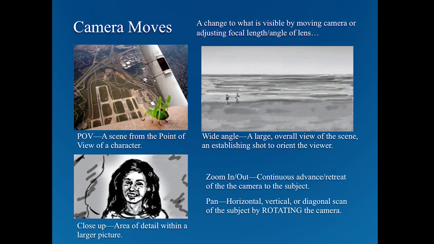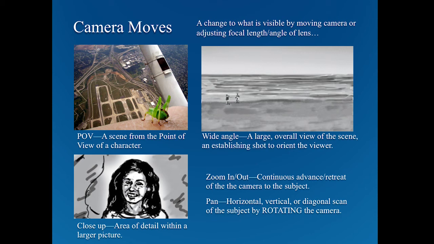Camera moves. The point of view. So a change to what is visible by moving the camera or adjusting focal length, angle of lens. So a POV is a scene from the point of view of a character, a point of view or POV shot. Wide angle, a large overall view of the scene, an establishing shot to orient the viewer.